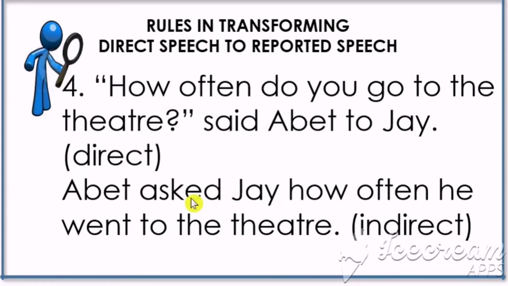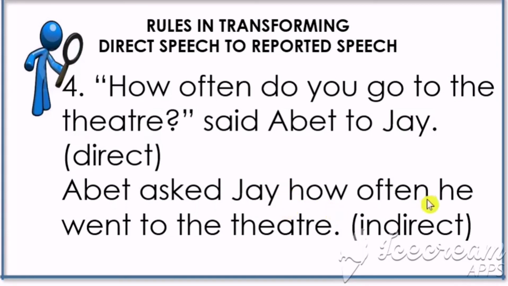Who's Abbott talking to? Jay. So Abbott asked Jay. And of course, we remove all our punctuation marks here. So we remove the question mark, and then we remove the quotation marks. Of course, we are now going to continue our statement in the reported speech. We are not going to use if here anymore.